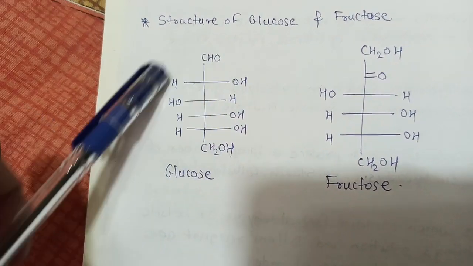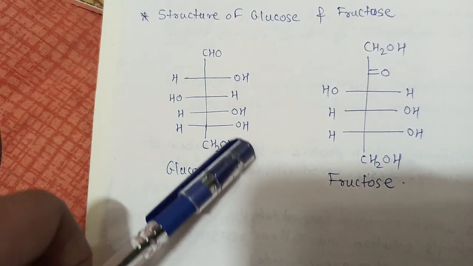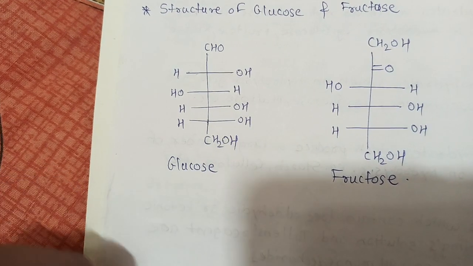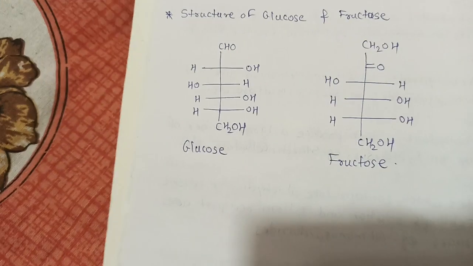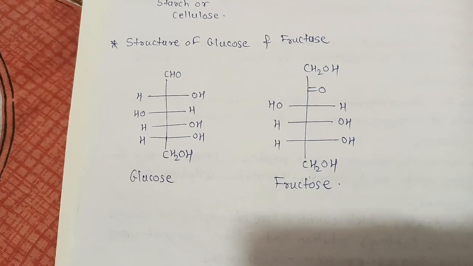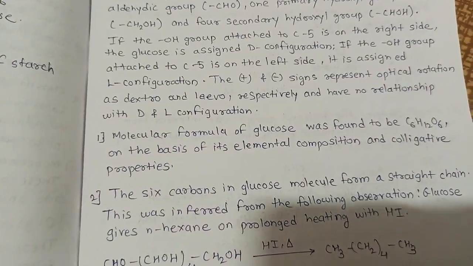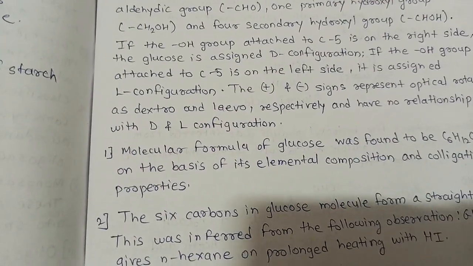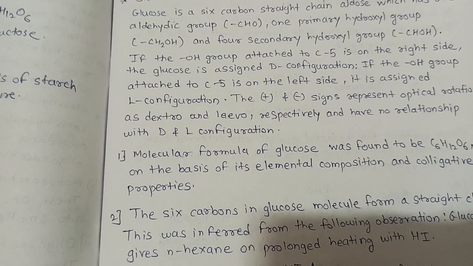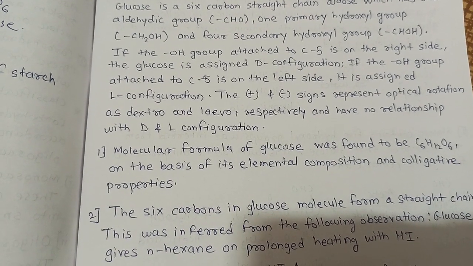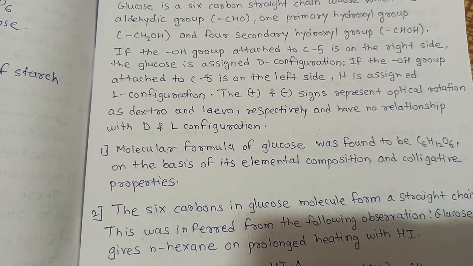Therefore we can say it is D glucose. If it is at the left, then it is known as L glucose. Like that we can name it. And there is no relationship between dextrorotatory and D, and levorotatory and L. Dextrorotatory and levorotatory optical rotation can be determined using an instrument called a polarimeter.